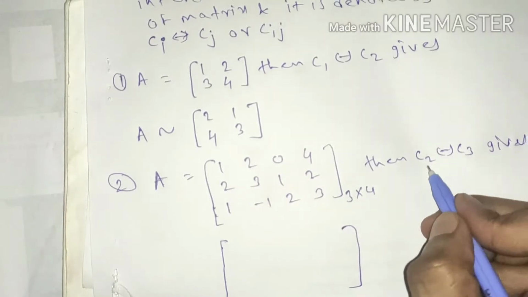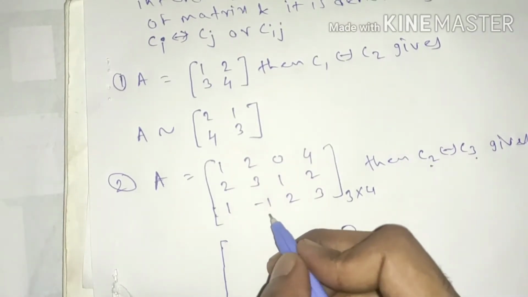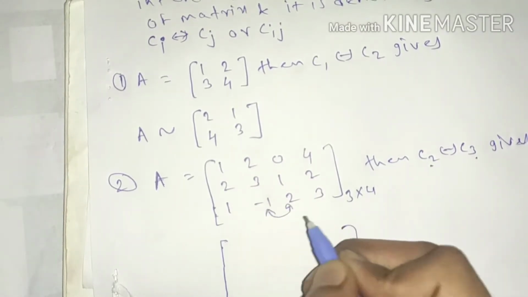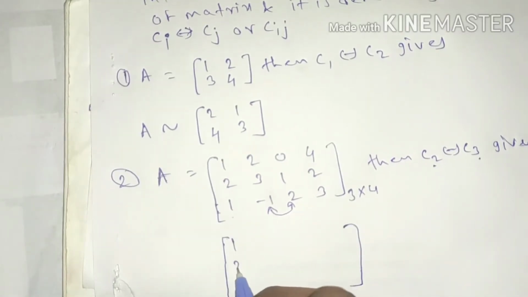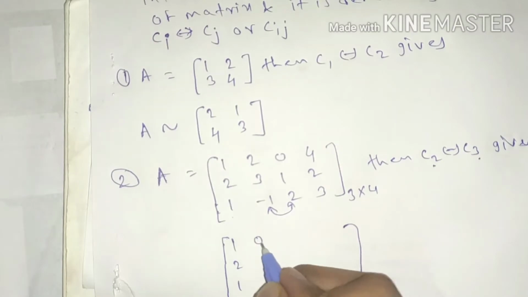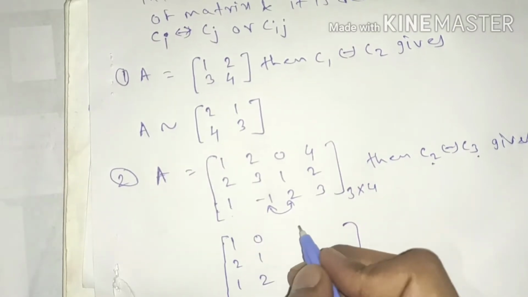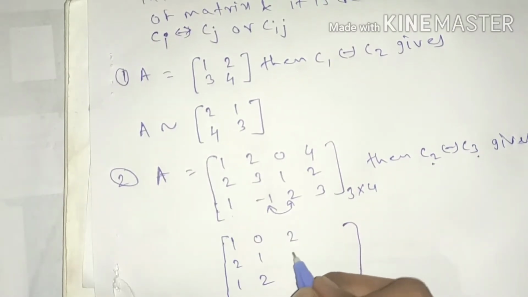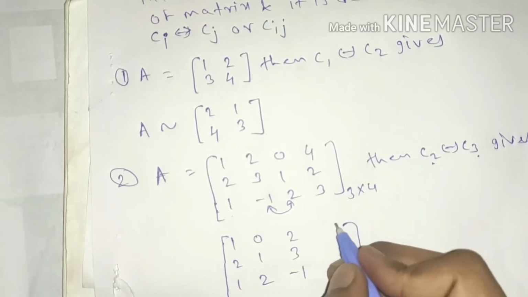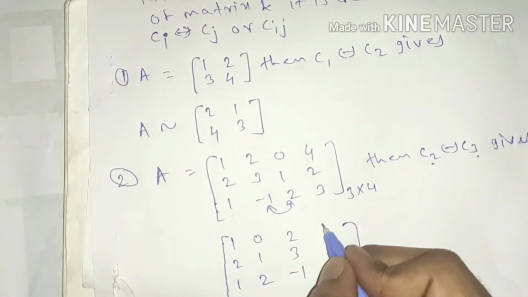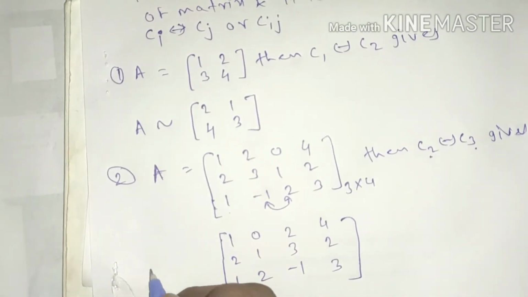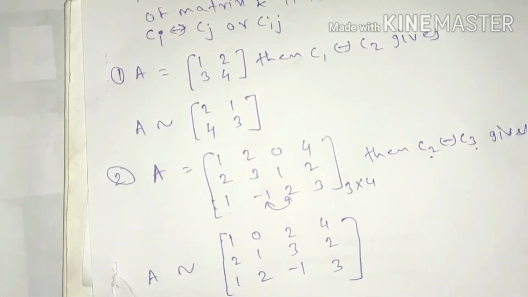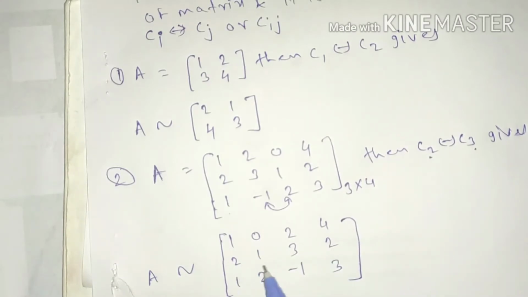So here we interchange second and third column, first and fourth column are the same. So first column is 1 2 1, second column will be 0 1 2, third column is 2 3 -1, and fourth column will be 4 2 3. And we say A is equivalent to the new matrix [1 0 2 4; 2 1 3 2; 1 2 -1 3].